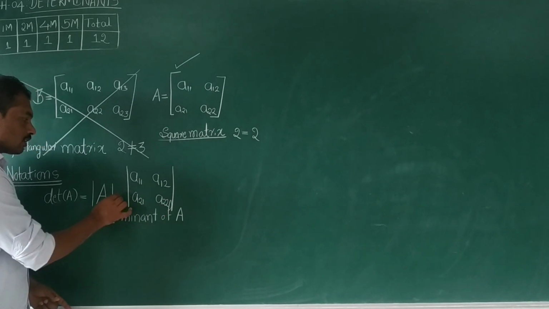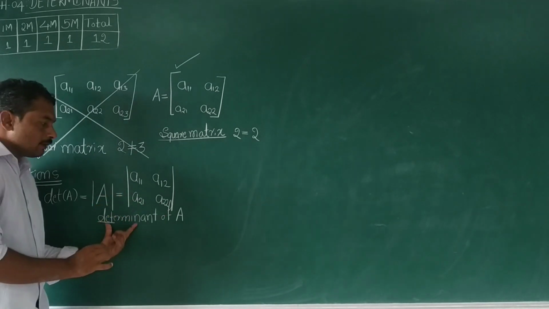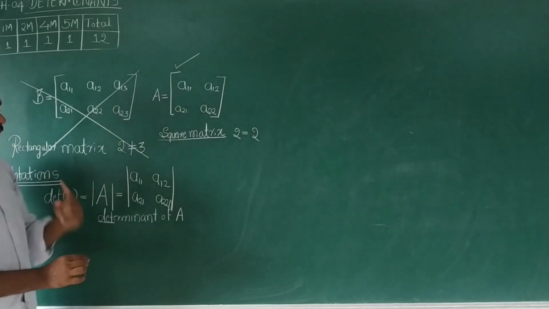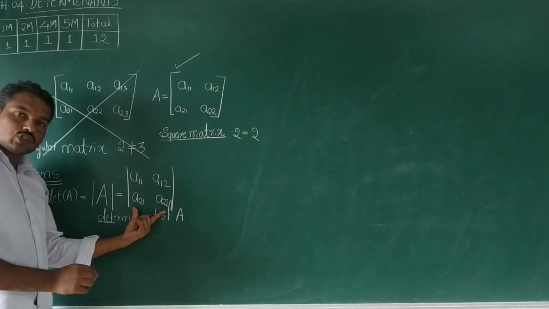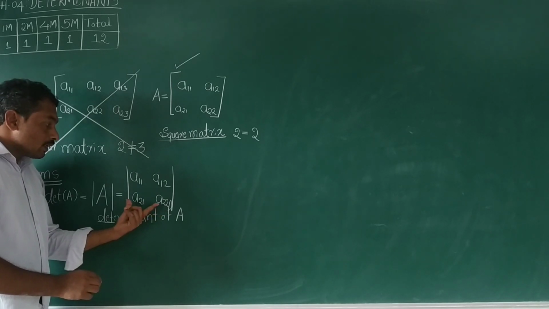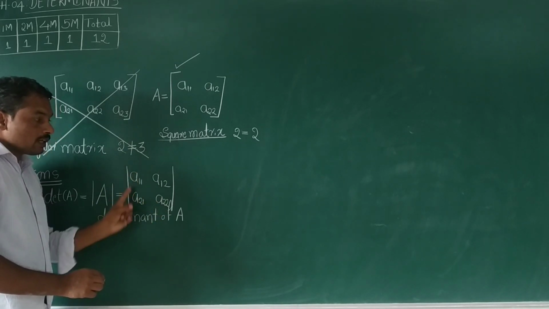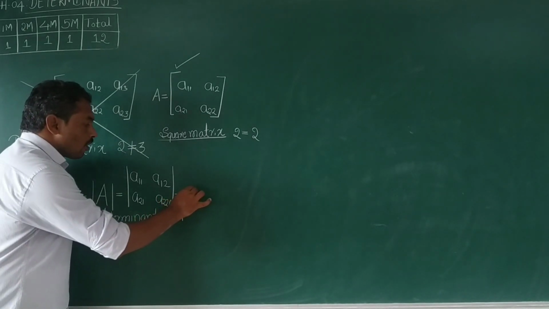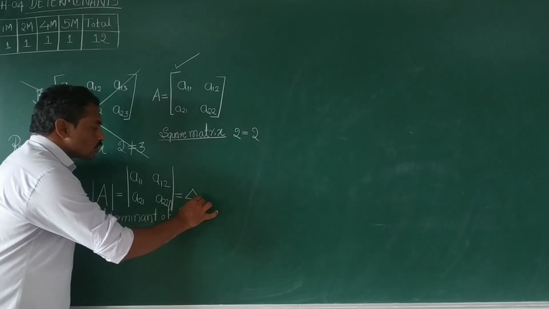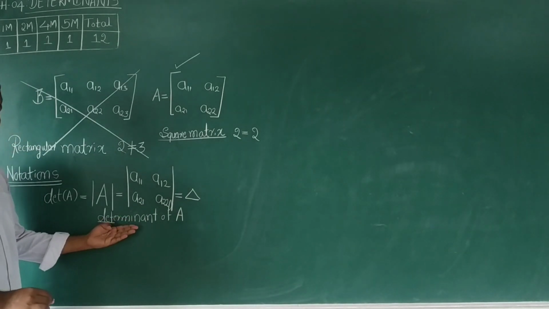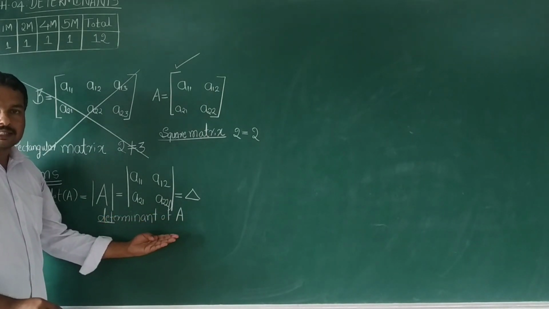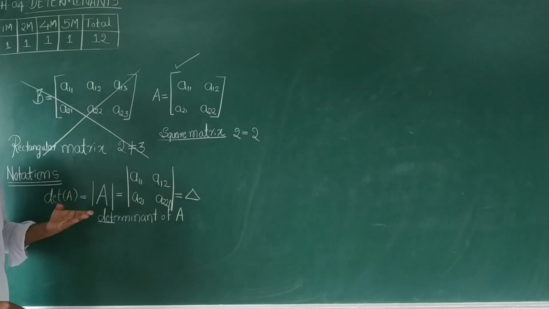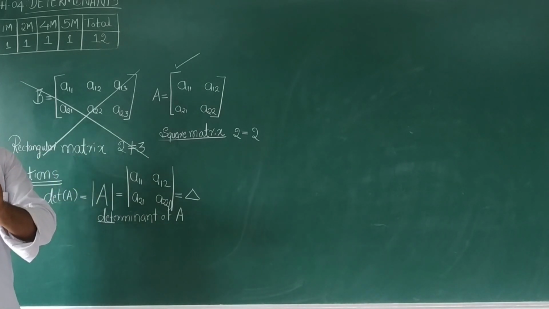That representation indicates the determinant of a square matrix, particularly a square matrix of order 2. This is using the arrangement of elements. Then there is one more notation called delta. It is also used for the determinant of a square matrix. These are the 4 notations for the determinant of a square matrix.